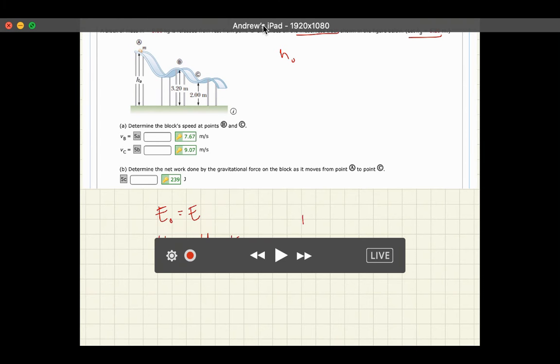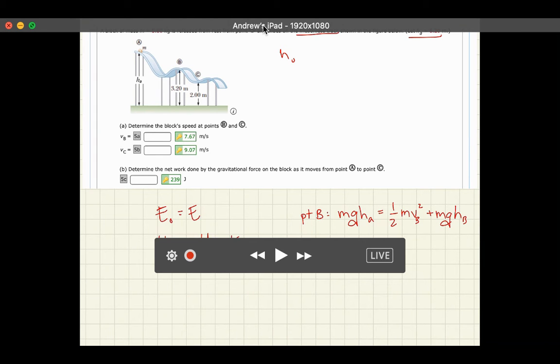So for point B, that is UG initial, which is going to be m times g times the height of A, equals 1/2 m times v squared at point B plus m times g times the height at B.